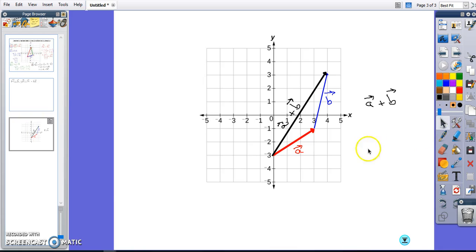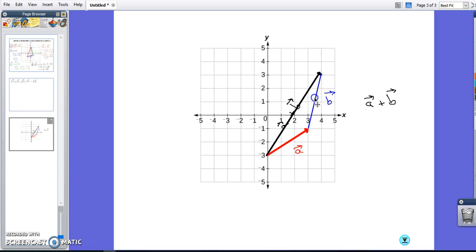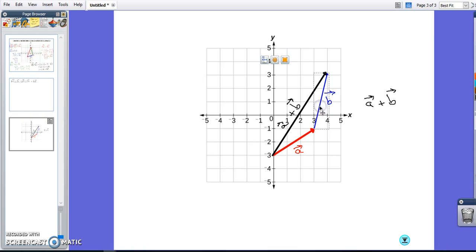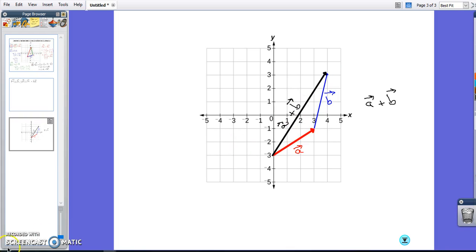So this is A plus B. Now, because it doesn't matter which way round I go, it doesn't matter whether I start with vector A or I start with vector B. Hang on.